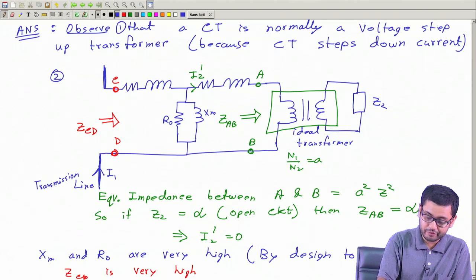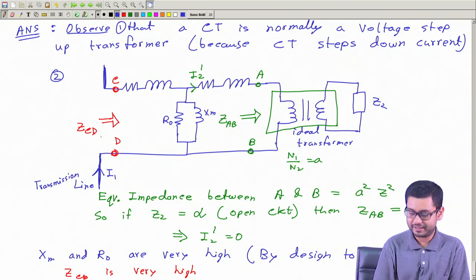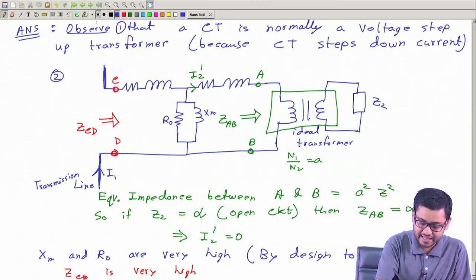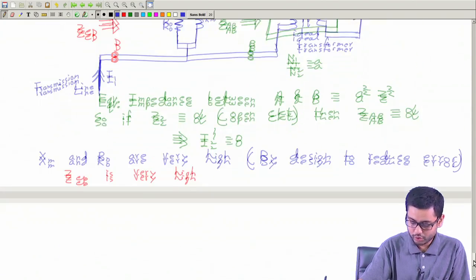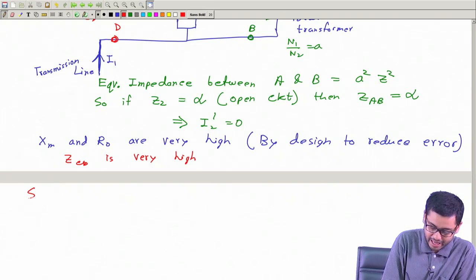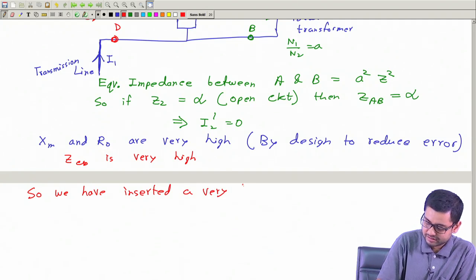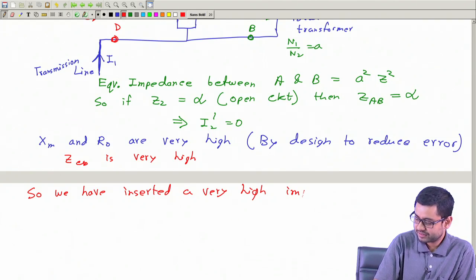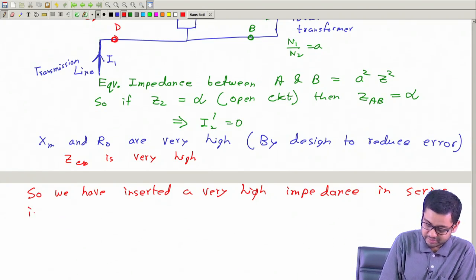So that means we have inserted a very high impedance in this transmission line, in series in the transmission line.